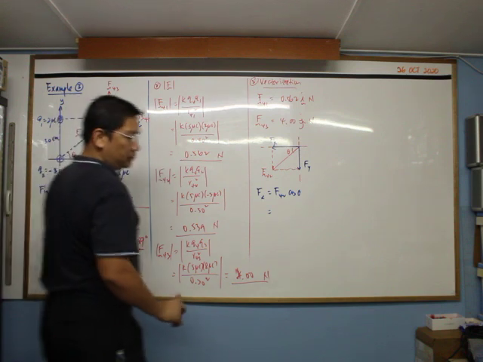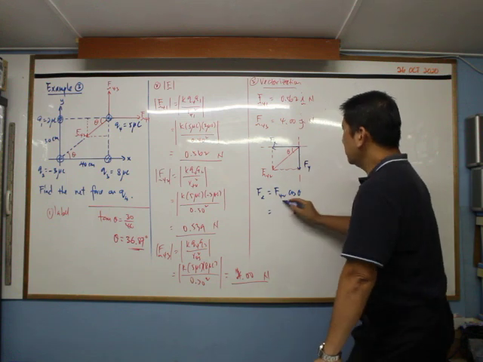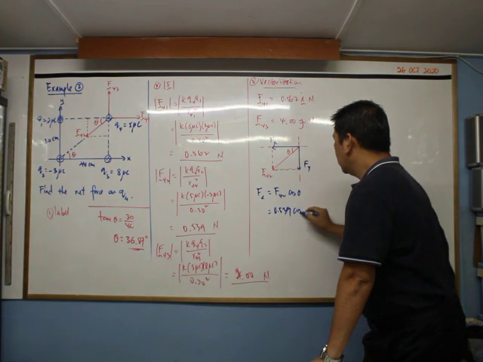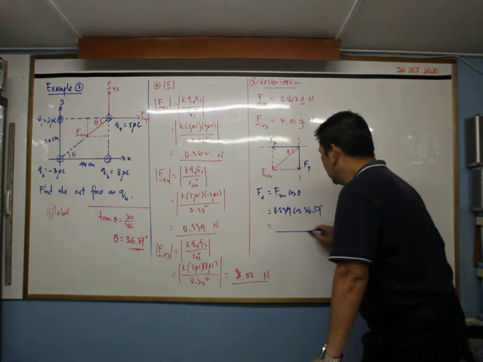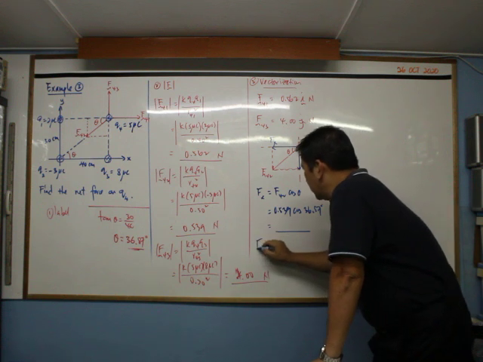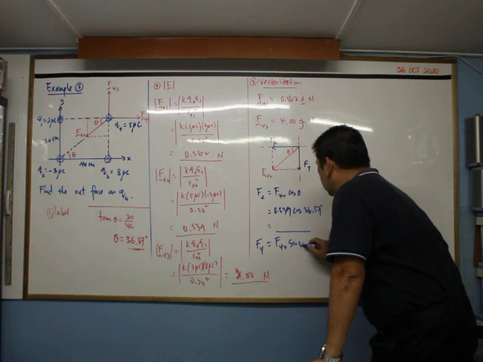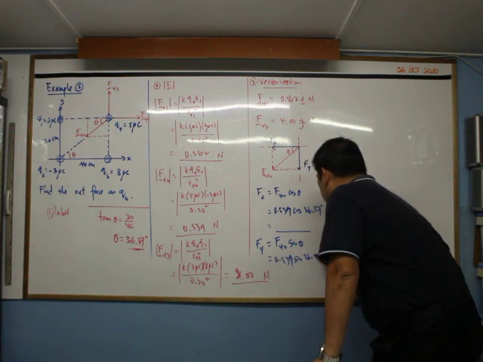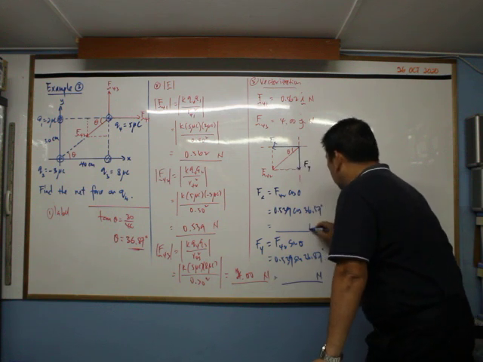Okay, 36.87. So now we're going to use that value in our calculation here. So Fx is 0.539 cosine 36.87 degrees. Another one is Fy, which is F42 sine theta, which is 0.539 sine 36.87 degrees. Right? So that is our component.